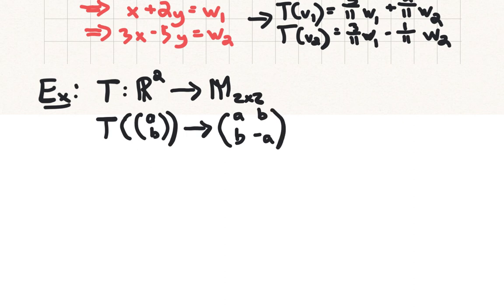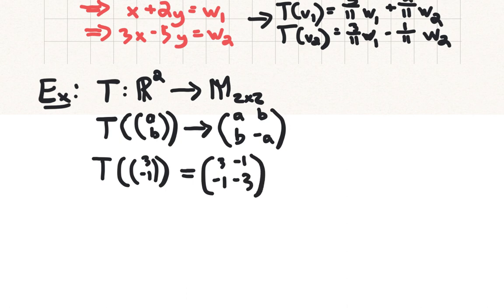So for example, if I wanted to take the transformation of the vector (3, -1), this would give me the matrix with first column 3, -1 and second column -1, -3. So that's how this transformation works.